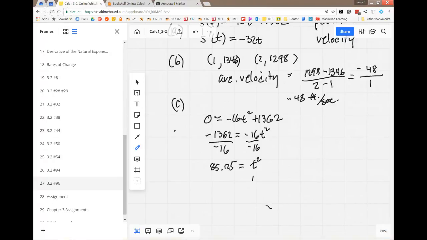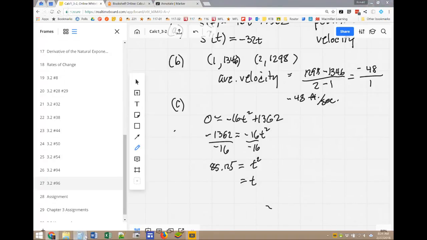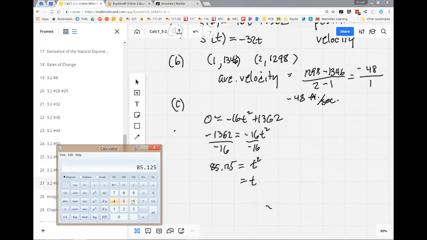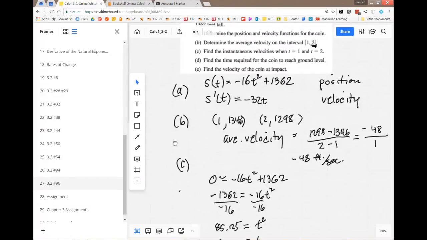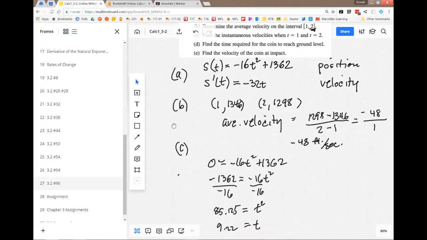And then take the square root. And find the square root symbol. 9.22. So in other words, we just found that it takes 9 seconds for this coin to hit the ground. Okay, and that makes sense. I mean, after all, we dropped it from a height of 1,362 feet.